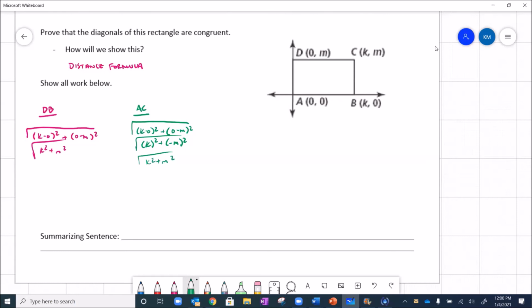Okay, and so we see that our diagonals have the same length. And so since the distances for each diagonal are the same, then we can say that the diagonals are congruent. All right, that's it. See ya.